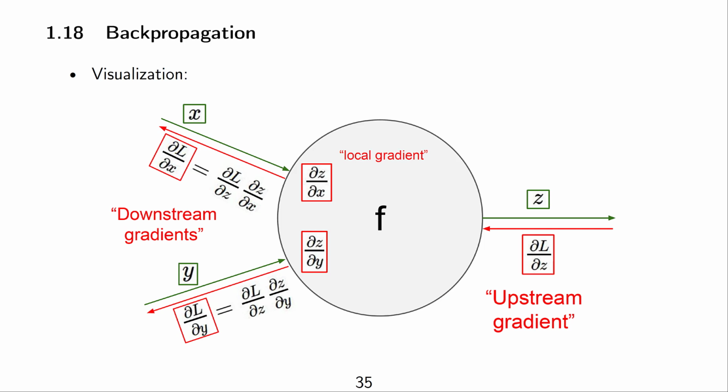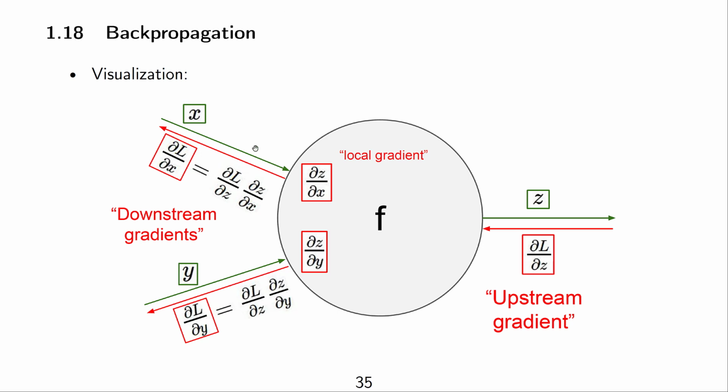So here we can see the backpropagation algorithm from the point of view of one node that has scalar inputs x and y and a scalar output z. This will be very similar when we are generalizing to inputs that can be other types of tensors, mainly vectors, but these tensors could also be matrices or higher rank tensors that can be processed in an analogous way.